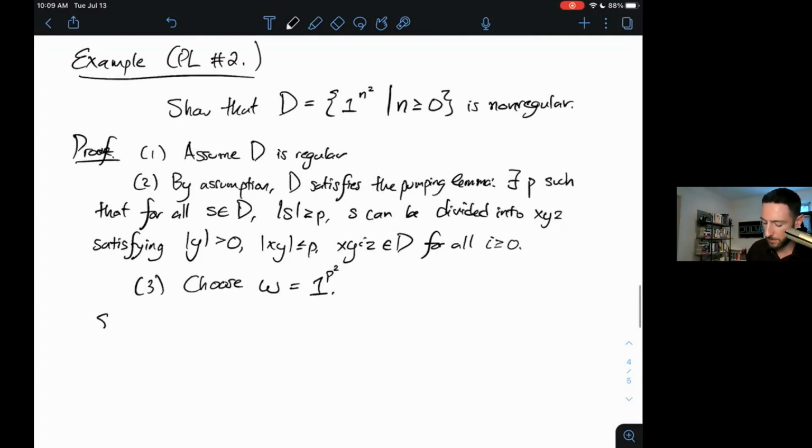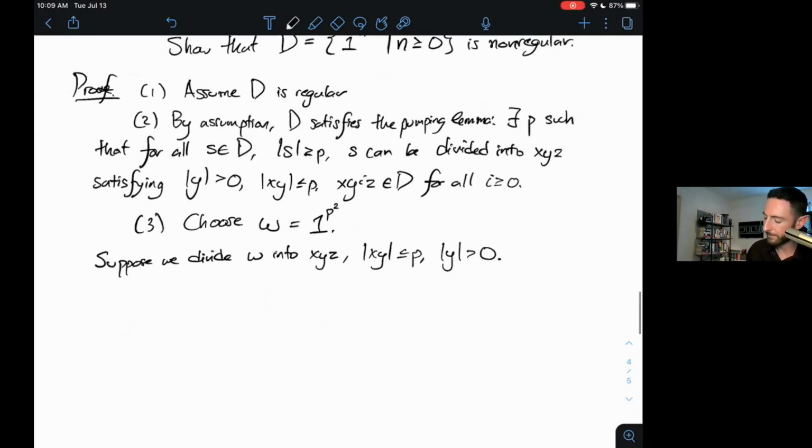So suppose we divide w into x, y, z such that xy is at most p and y is non-zero. Now, we're going to do some reasoning about the length of these strings that get pumped, like we said we would.